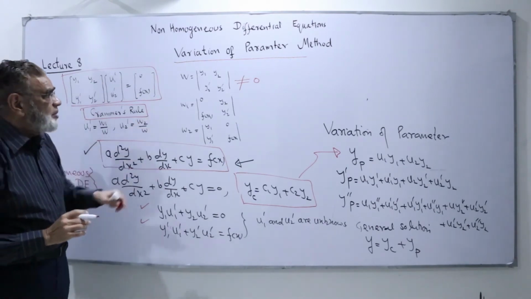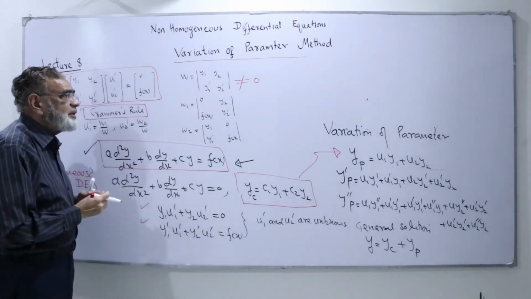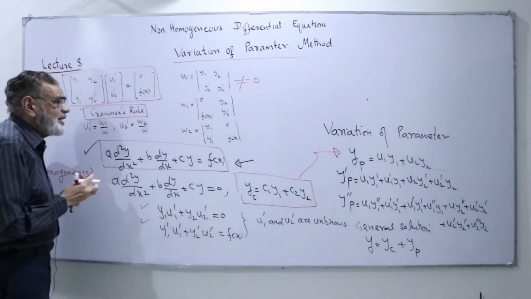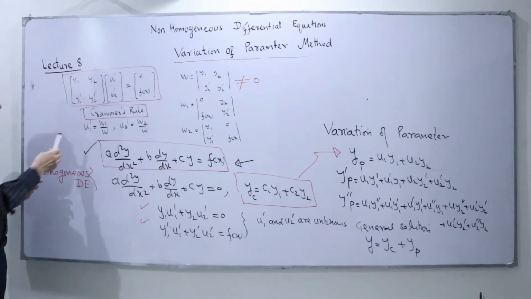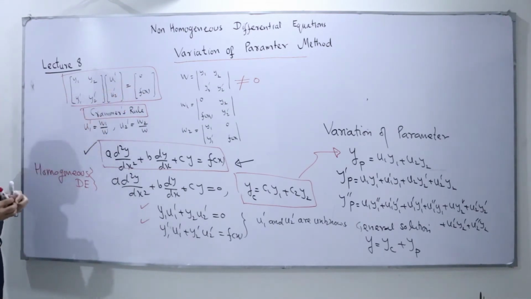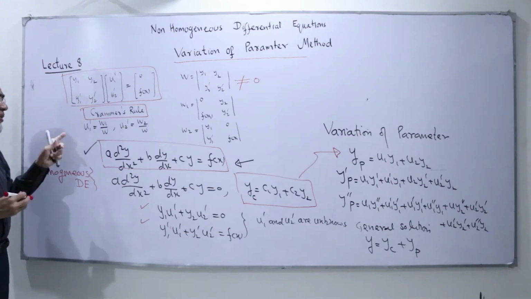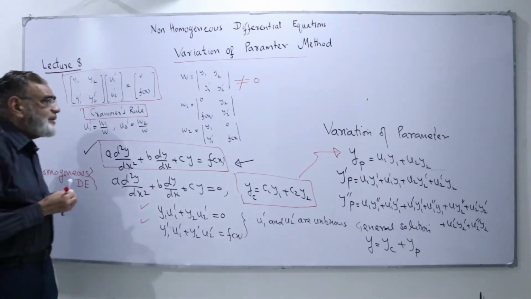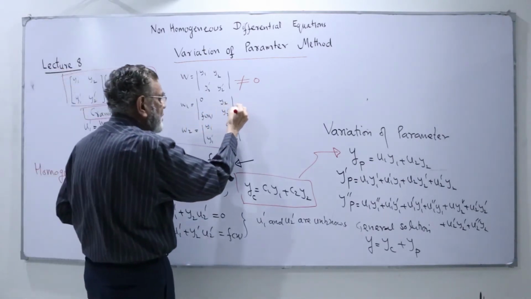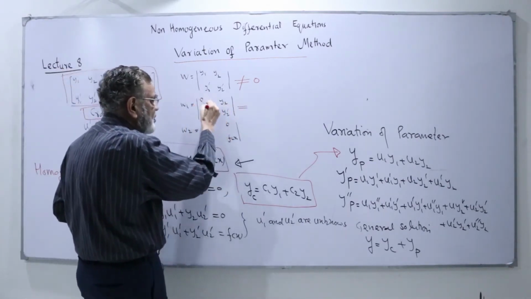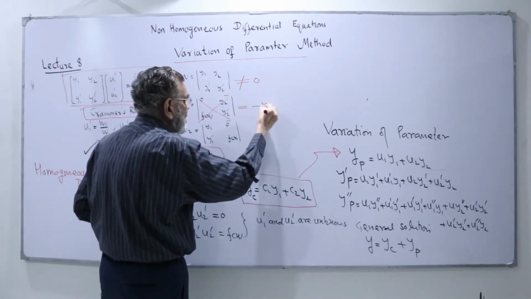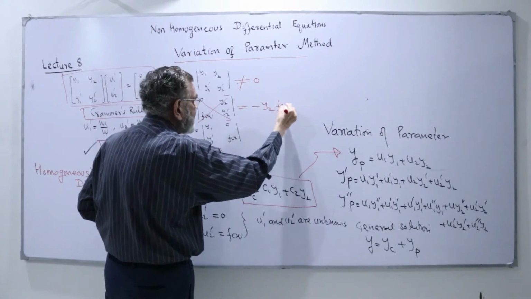So then we find W1. W1 is obtained by replacing the first column by the constants, the right-hand side. W2 is obtained by replacing the second column by the right-hand side. We find the values of W, W1, W2 and substitute them. We get u1 dash and u2 dash, and we integrate to get u1, u2. Instead of writing this determinant, we can write the value. This is 0, and multiplying with the minus sign gives minus y2 f of x.